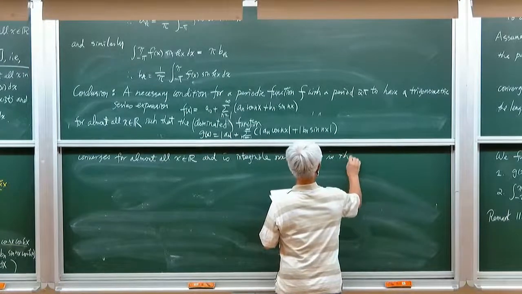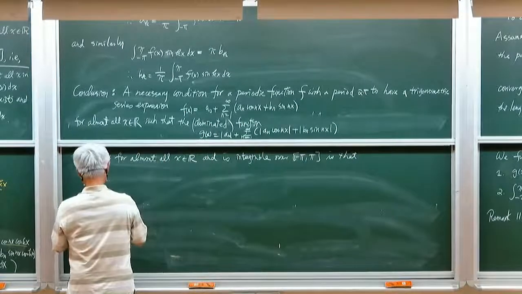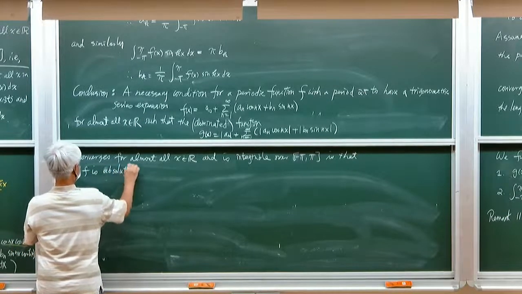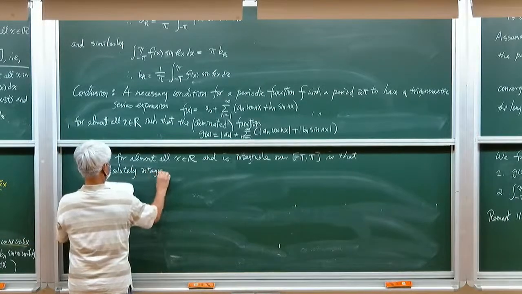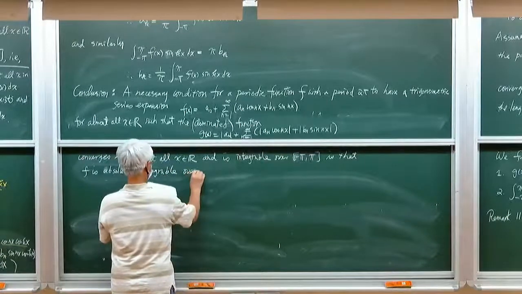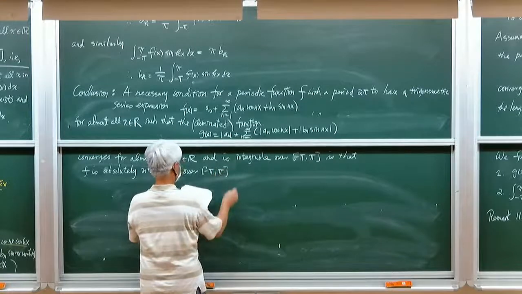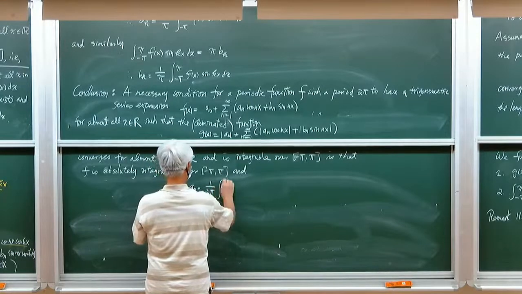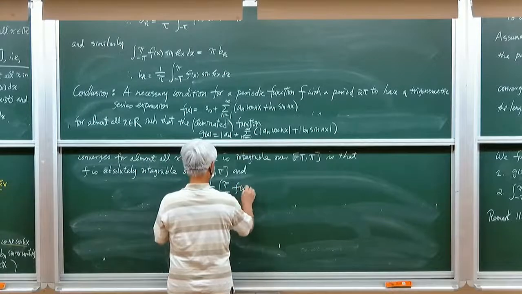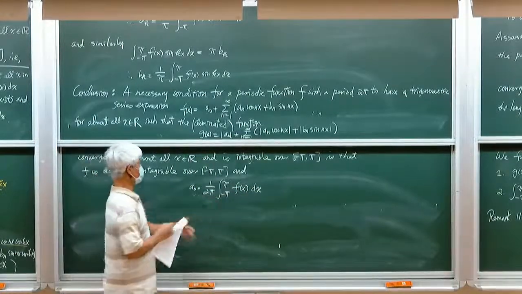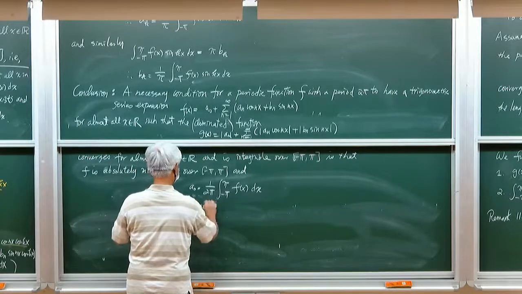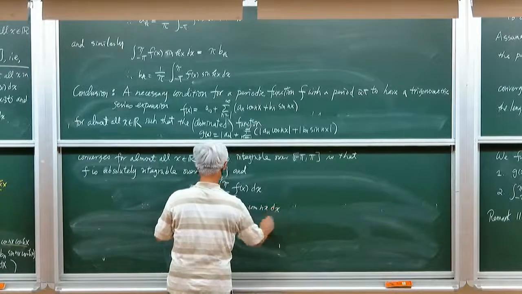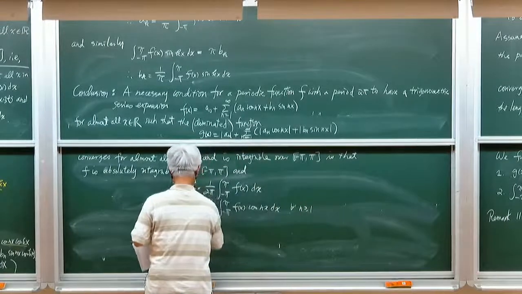All right, is that okay? So the next one is that f is absolutely integrable, okay, over minus pi and pi, and a0 is equal to, so a0 can be evaluated by this integral, and a_n and b_n.